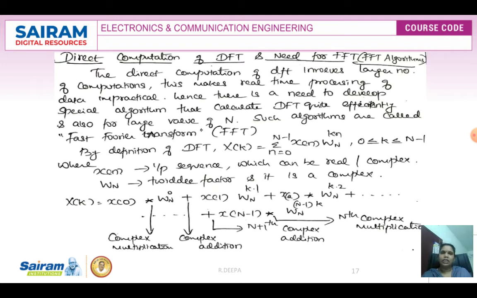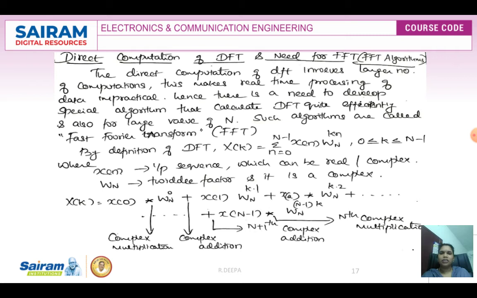As we know, the direct computation of DFT involves a large number of computations, and this will make the system very slow and impractical also. So for this purpose, we are going to develop a special algorithm which is quite efficient to calculate the DFT of given data for larger values of n. Hence, we call this algorithm the fast Fourier transform algorithm.